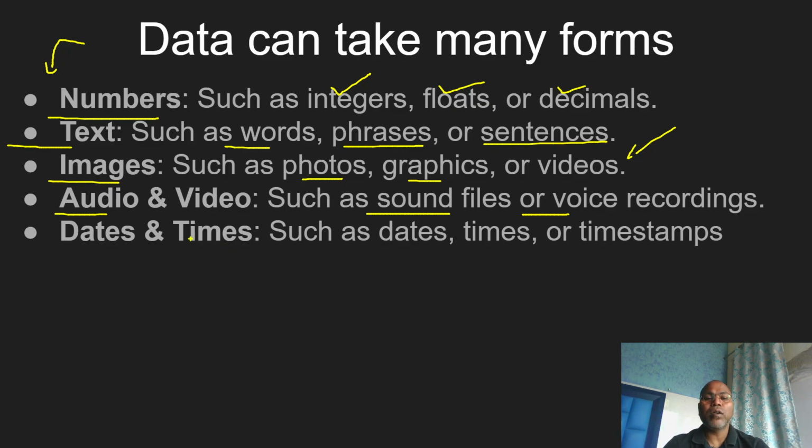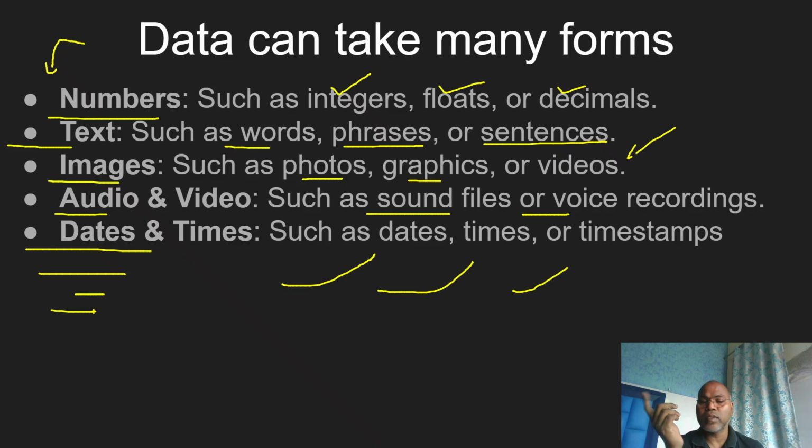Even the date and times, all your dates, all your time, all your milliseconds, all are the information, all are the data. Maybe there can be other categories, but generally these kinds of data you see in your computer: maybe number, text, audio, video, images, graphics, painting, and date and time.